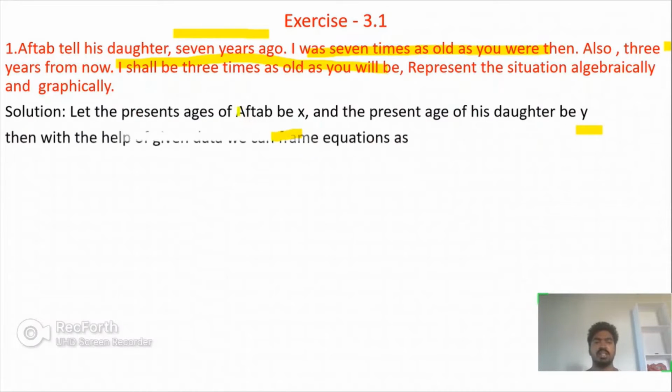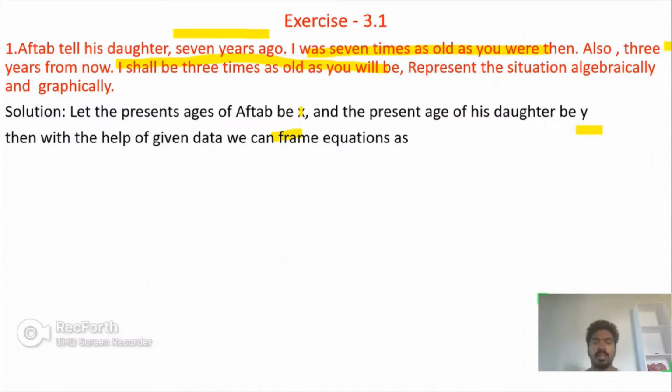Then we can frame the situation into equations. 7 years ago: from the present age, the word "ago" indicates backward, that is 7 years before.